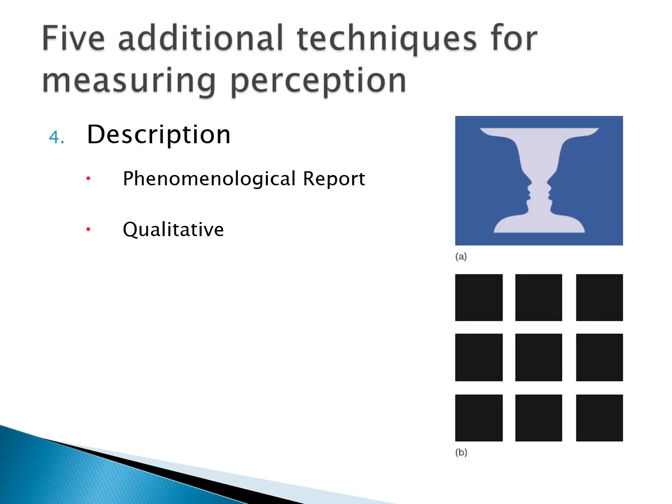Another technique is just description, which is more of a phenomenological report, asking people what they see, which is a more qualitative measure. I usually do this in class and ask people, what do you see in A? For most of us in psychology, this is a ubiquitous visual ambiguity.